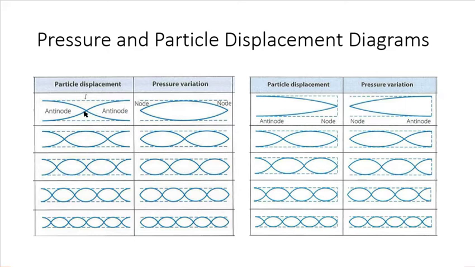So in an open pipe, the least amount of motion in the particles is experienced right in the center, and the most amount of motion is in the open ends of the pipe. Now, some texts present it the other way.